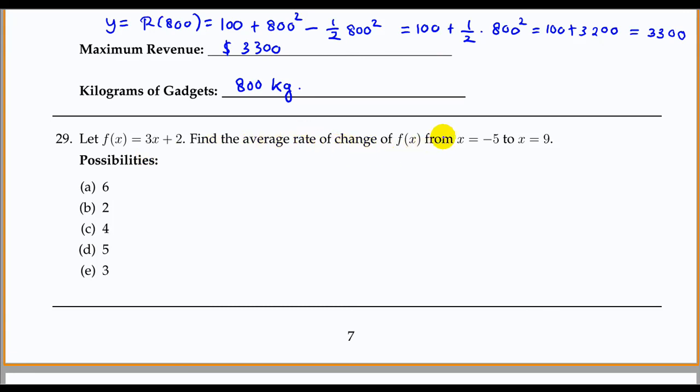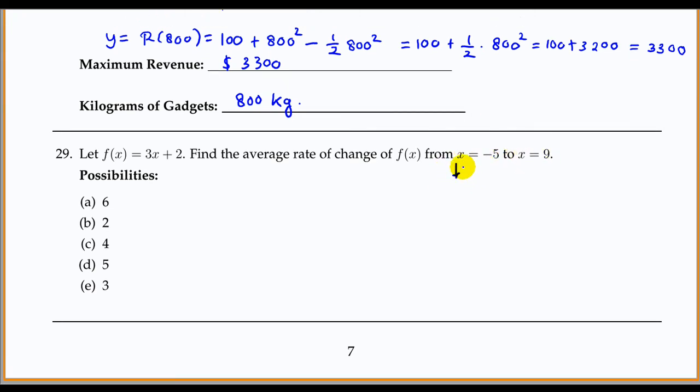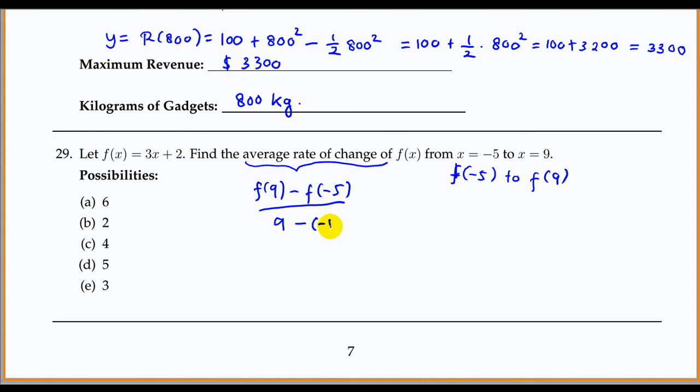Find the average rate of change of f of x from negative 5 to 9. When x changes from negative 5 to 9, the value of f also changes from f of negative 5 to f of 9. And the average rate of change is f of 9 minus f of negative 5 divided by 9 minus negative 5.